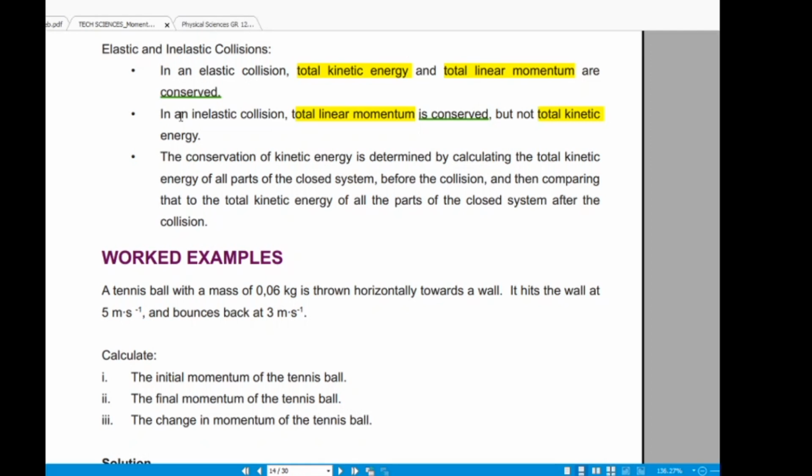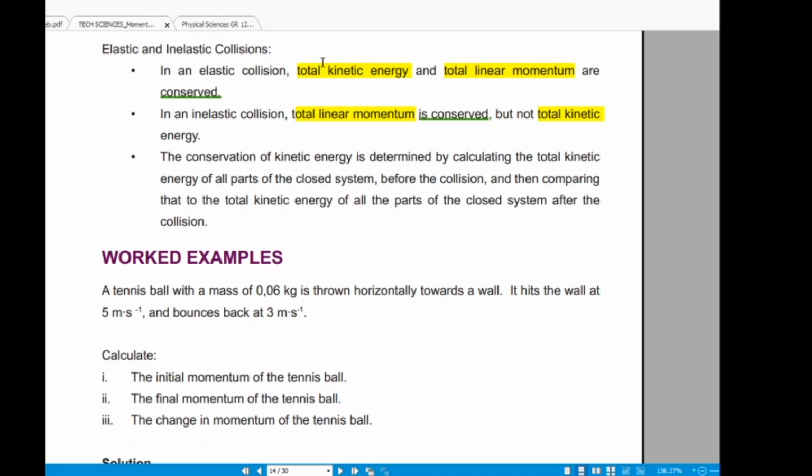Okay, so before collision and after collision, if total linear momentum is conserved, the total linear momentum before collision is equal to the total linear momentum after collision. If total kinetic energy is conserved, the same applies.